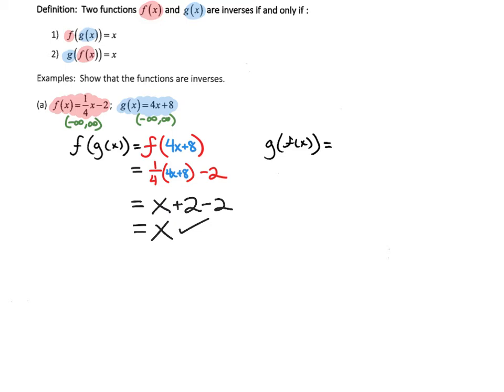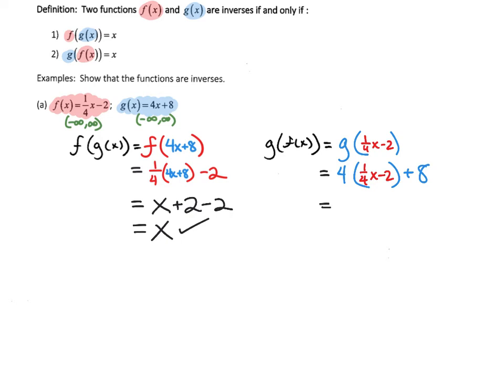Halfway there. Just because we verify one doesn't mean we verify both, so let's make sure the other one works as well. This is g of f of x, so g of one fourth x minus 2, which means we're doing 4 times the input plus 8. The input this time is one fourth x minus 2.